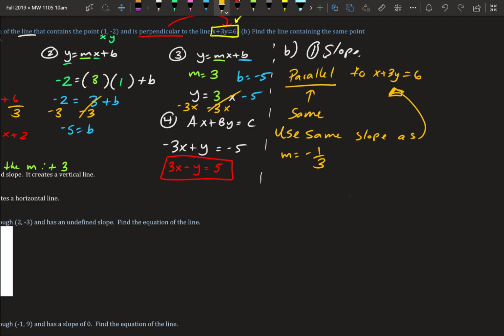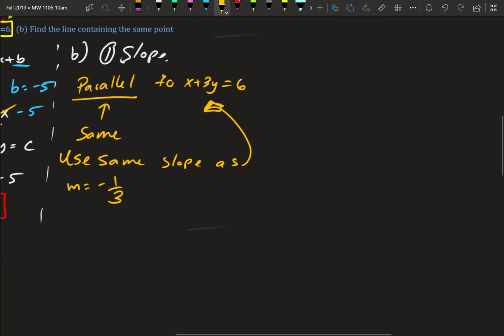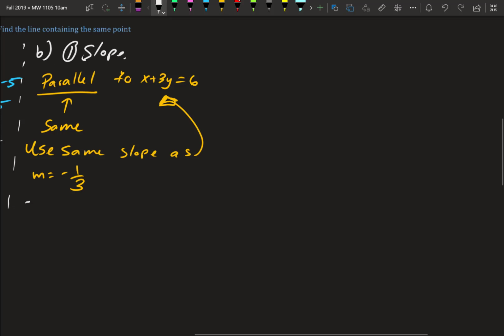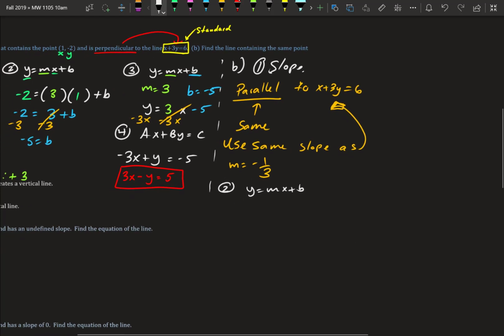Then we're going to repeat all of the same steps. So step 2, we're going to plug it into y equals mx plus b. We're going to use the same numbers. The only thing we're changing is the m. So we'll have negative 2 equals negative 1/3 times 1 plus b.